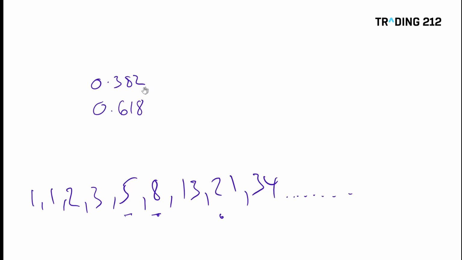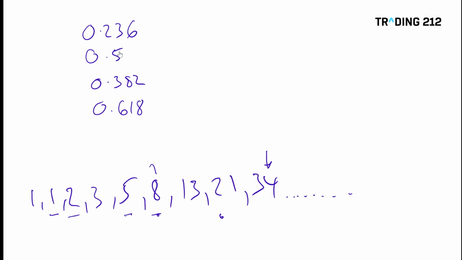Then any number, let's take 8 divided by the number three along, the result will get closer and closer to 0.236. So these are some of the values of the Fibonacci numbers. Then right at the beginning we have 1 divided by 2, and the result is clearly 0.5.